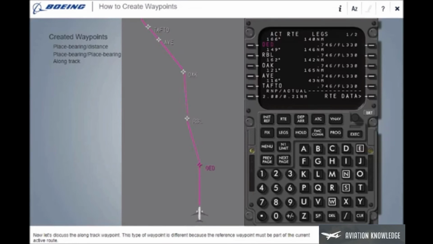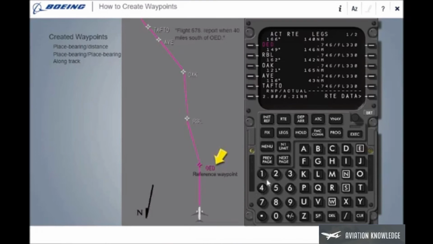This type of waypoint is different because the reference waypoint must be part of the current active route. For along track waypoints, first put the reference waypoint into the scratch pad. You can line select it down or type it in directly. Then add a slash and the distance from the reference waypoint.